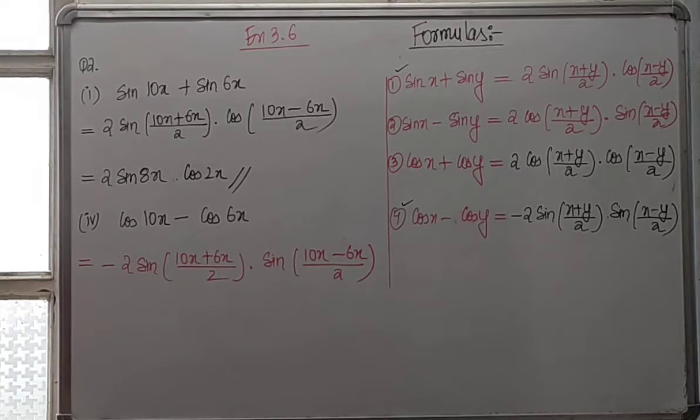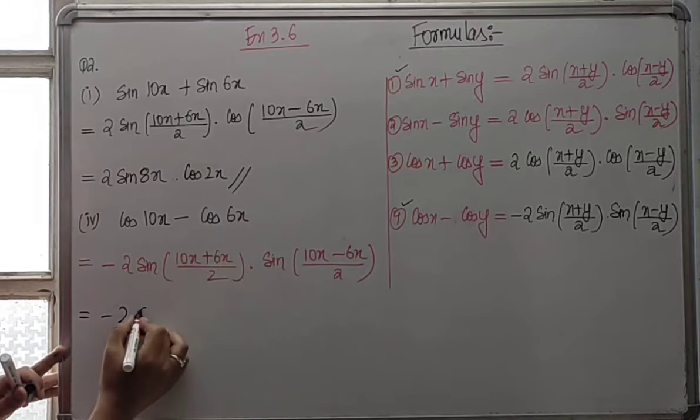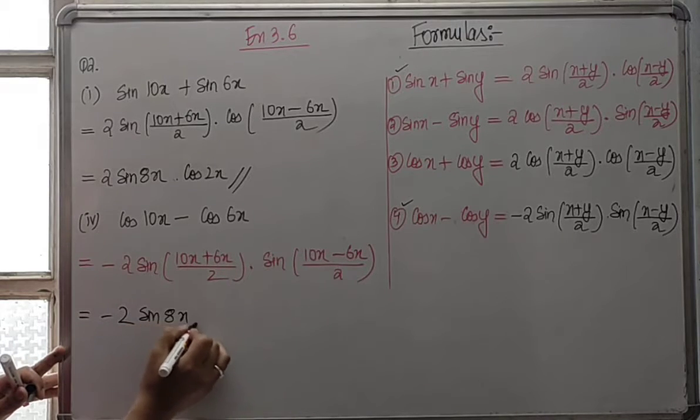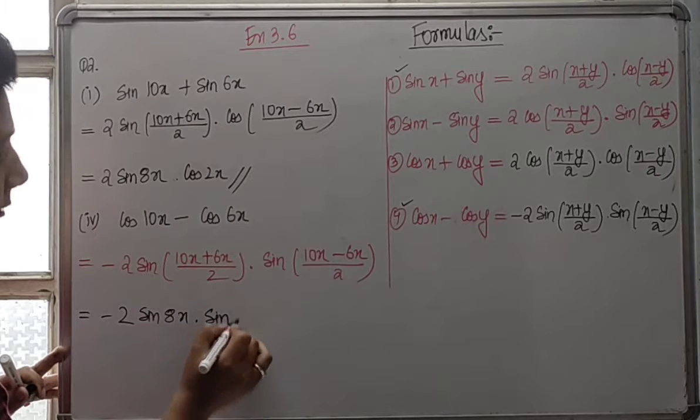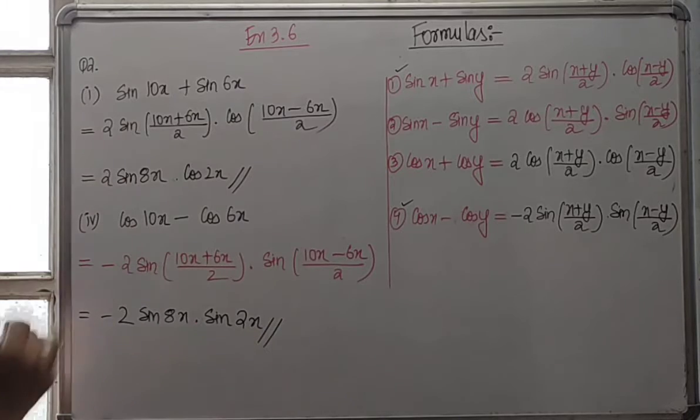Therefore, this is minus 2 sine 16x by 2, that is sine 8x, into sine, and this will be 2x.